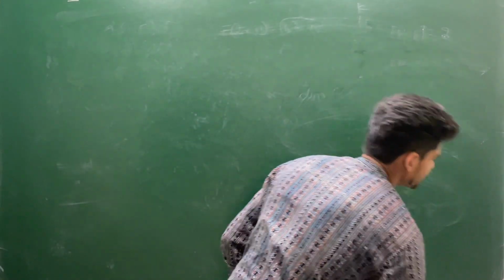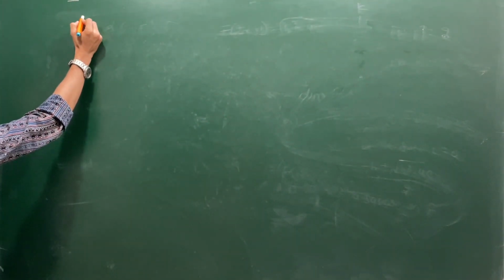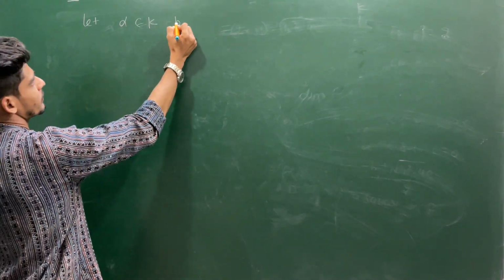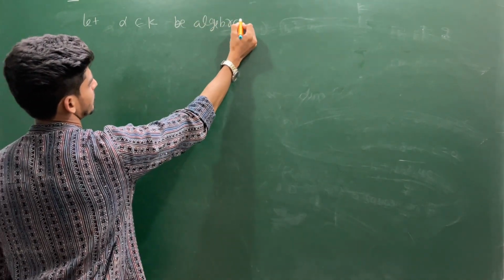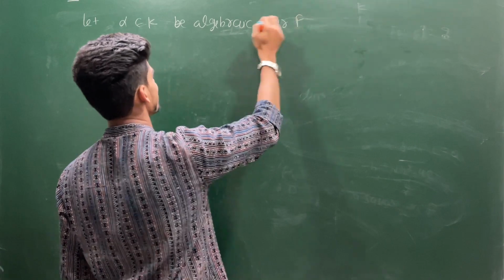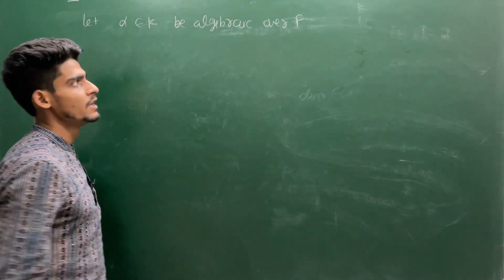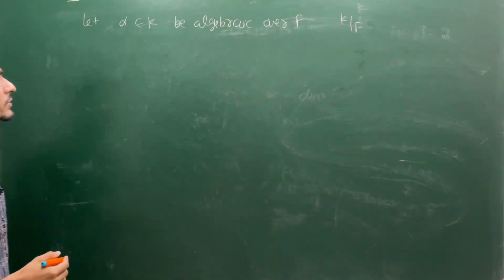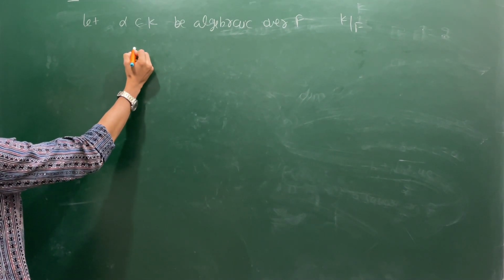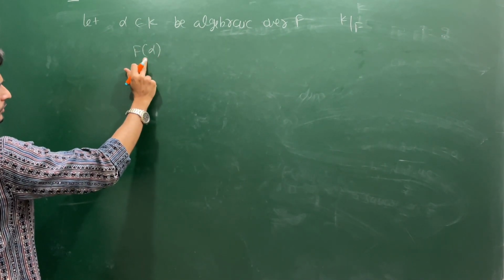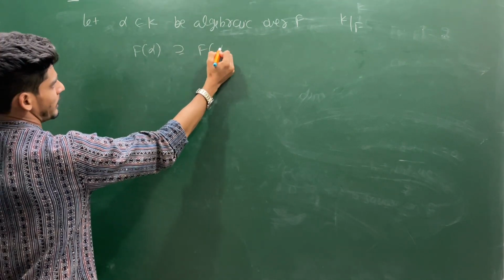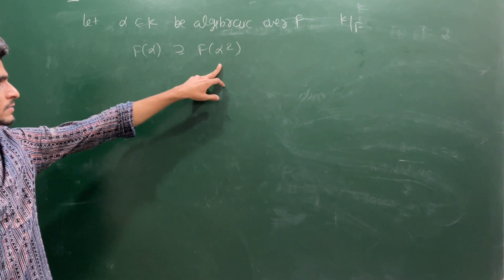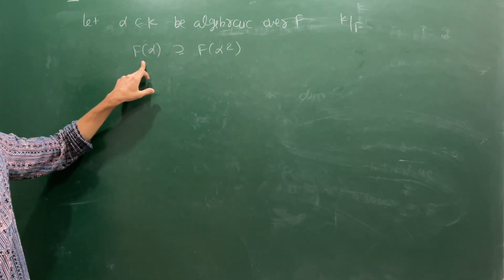Let me give you one more question. Let alpha belonging to K be algebraic over F. When I am saying this alpha is algebraic over F, that means this alpha is an algebraic element over F, and we have this situation: K is an extension of F. You can also observe this F(alpha) contains F(alpha square), because alpha is already there, so alpha square must be there, being a field.